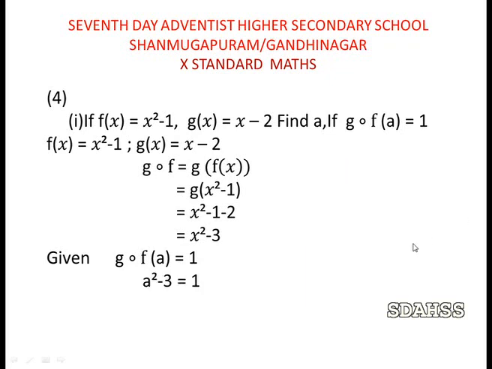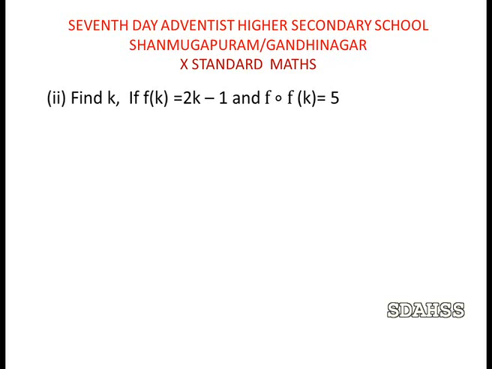Now you have a square minus 3 is equal to 1. You bring minus 3 to the other side, it becomes positive. So you have a square is equal to 3 plus 1. 3 plus 1 is equal to 4. Now taking the square root on both sides. So you have a is equal to plus or minus 2.